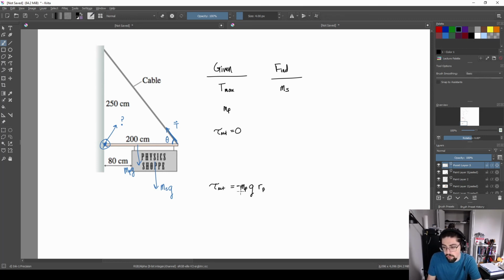And that should have a minus sign up front because it is trying to send us clockwise. Same deal for the sign. Wherever the sign is at, the mass of the sign, the gravity force of the sign, the radius of the sign from my pivot point. And finally, of course, I have my cable. My cable is just going to be some sort of tension, the radius of the cable, and what else?